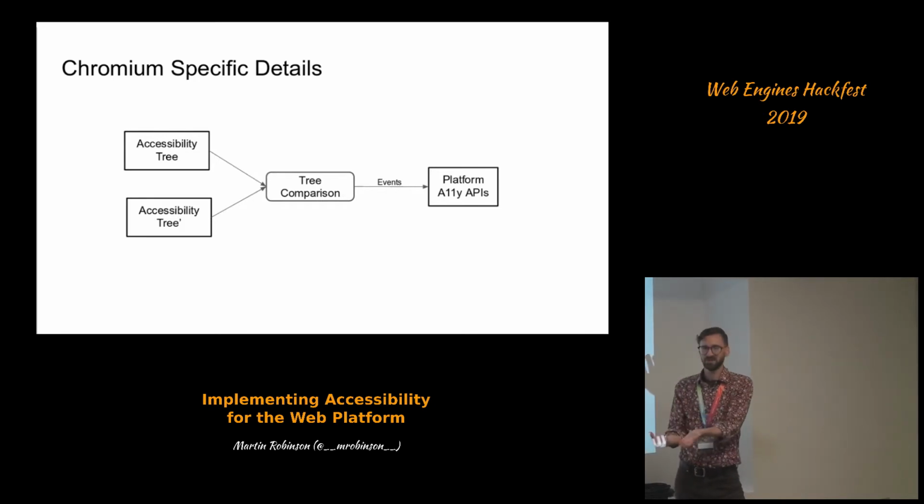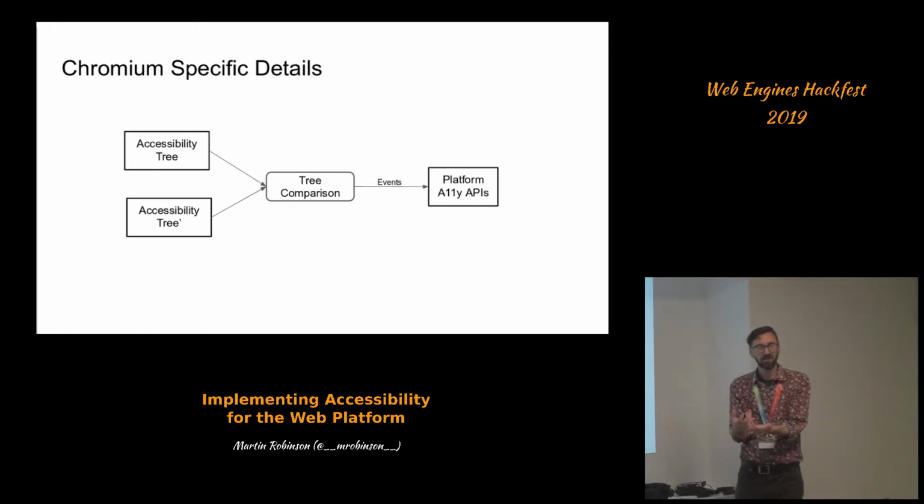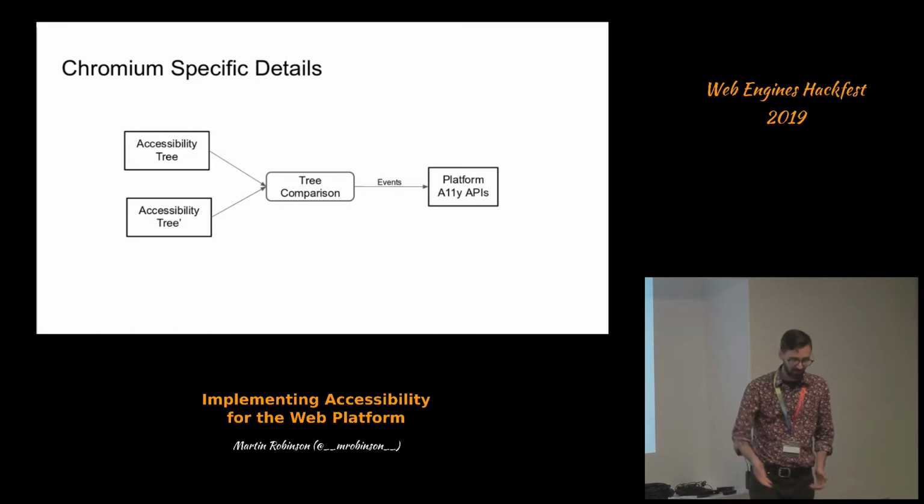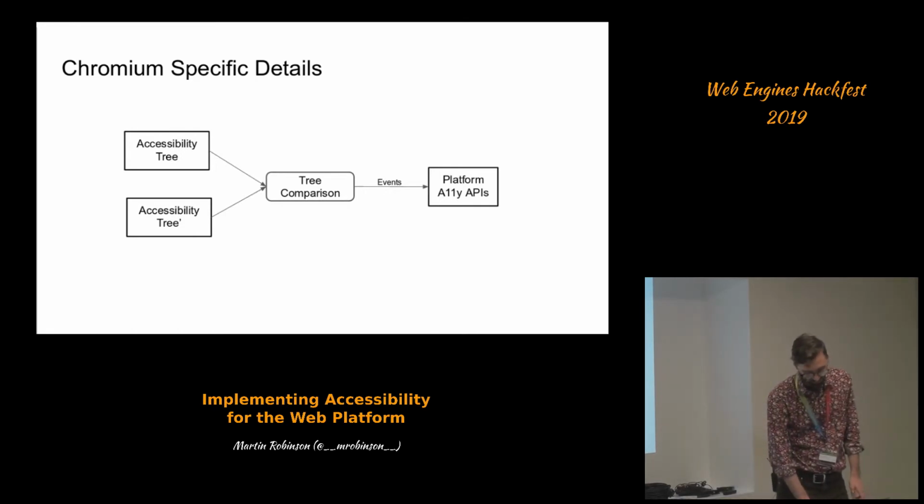What Chromium does is it takes the two trees, it compares them, and from that comparison, it says, oh, your children changed, or you're the same node but you have different text now. And from that comparison, it generates events. The content of my text changed. My children changed. My position moved, that kind of stuff. And then those events are sent to the platform APIs.